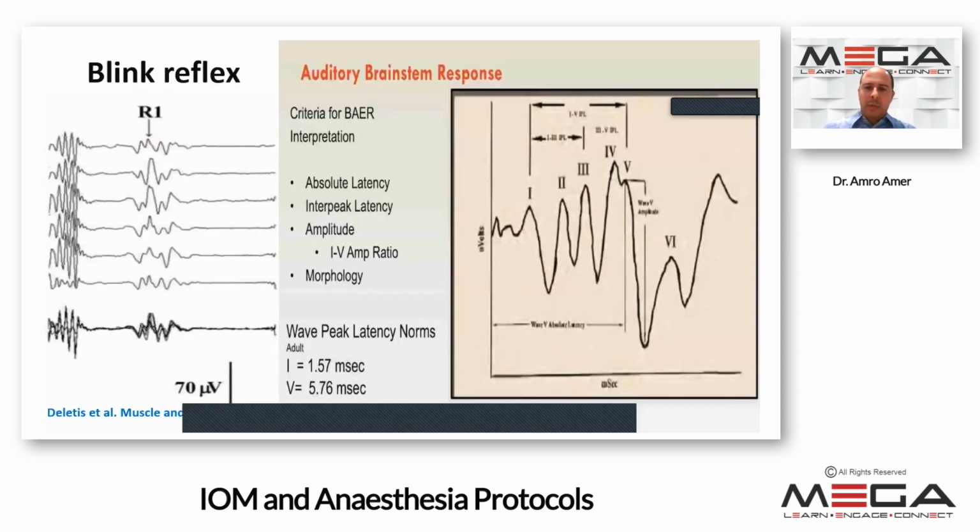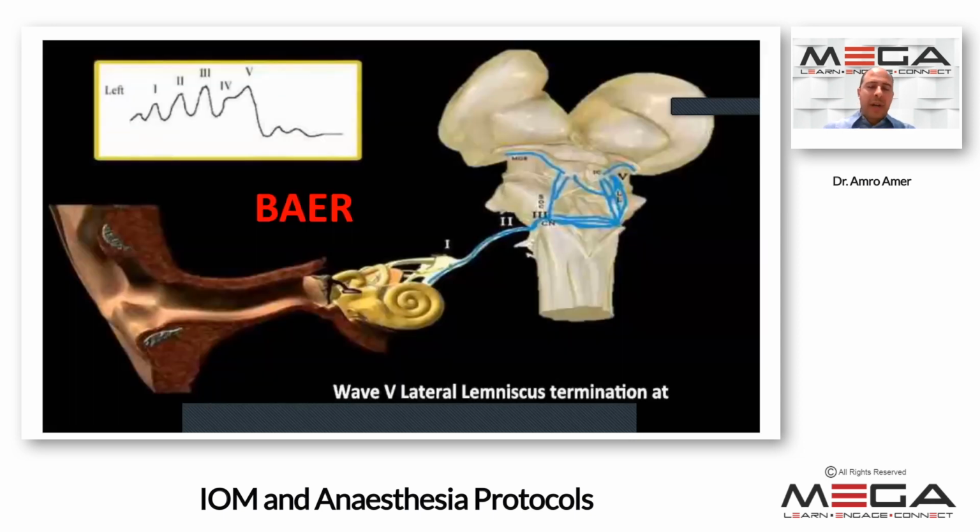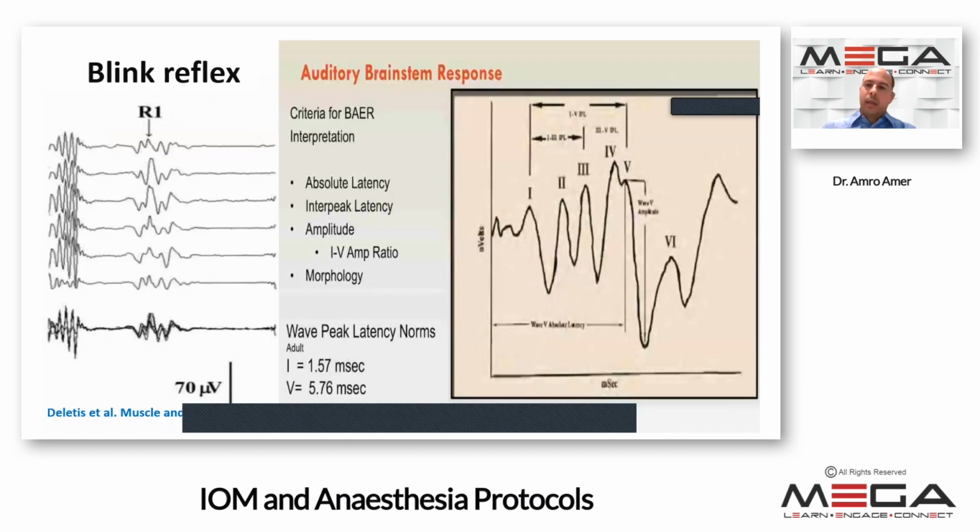So if there's any change in one or all of them, we know exactly where the change is coming from. They have different criteria on the right. You can see the latency of each one, the interval between each one and the other, and the amplitude, the height of the signal. And morphology: is it triphasic? Does it change to biphasic?